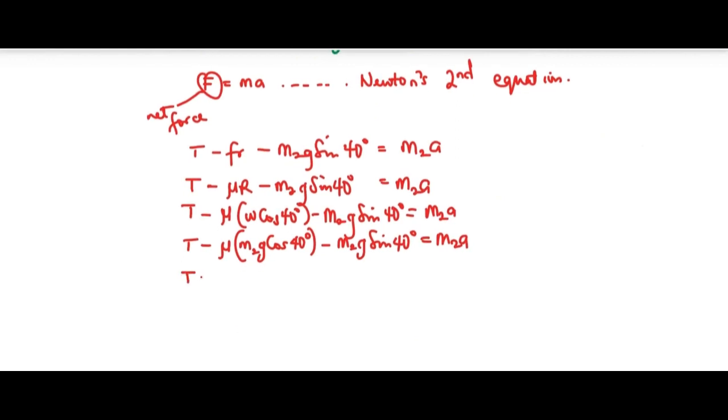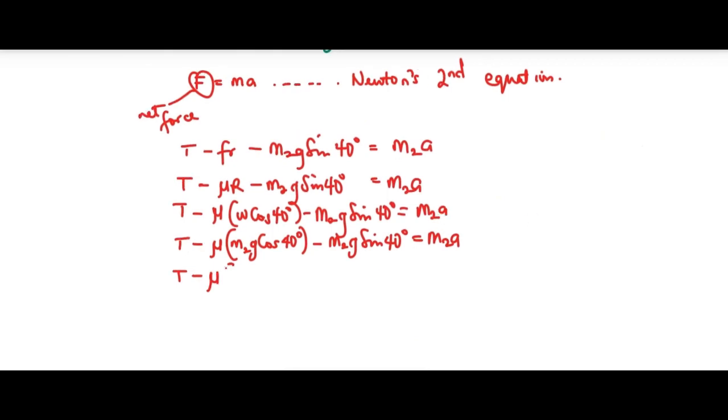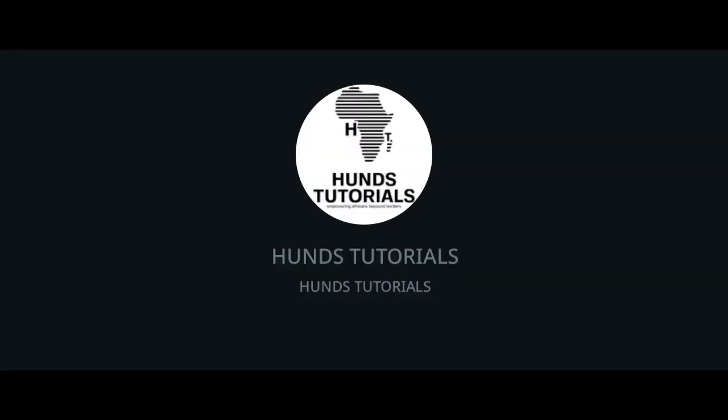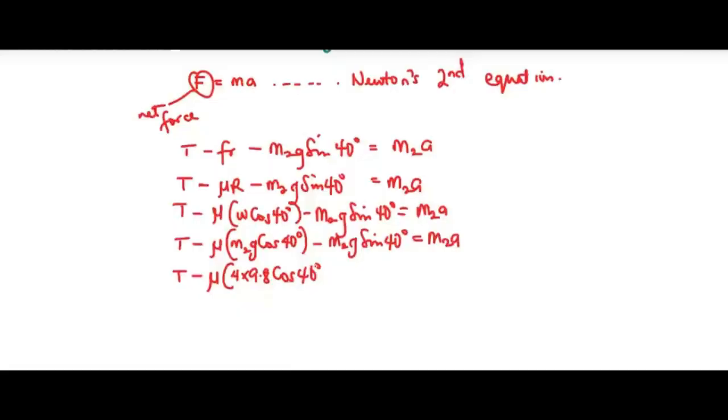So I have T minus mu, where M2G is going to give me into bracket 4 times 9.8 cos 40 degrees, minus 4 times 9.8 sine 40 degrees equals 4 times 2. The acceleration is equal to 2.